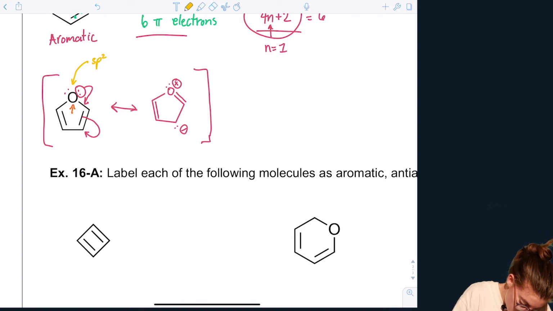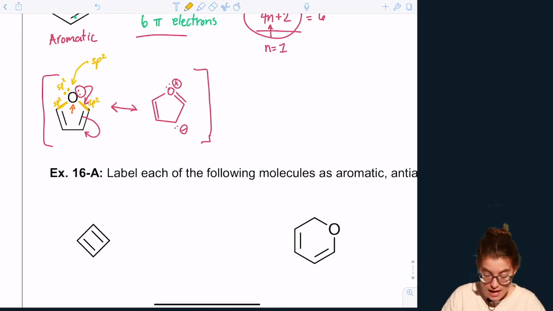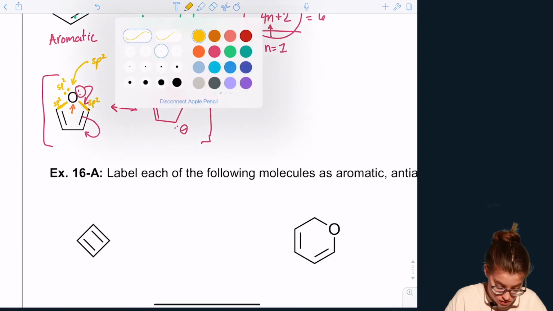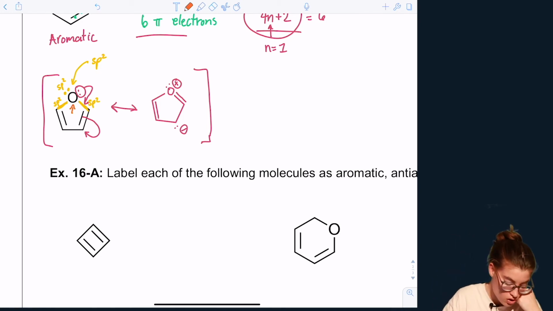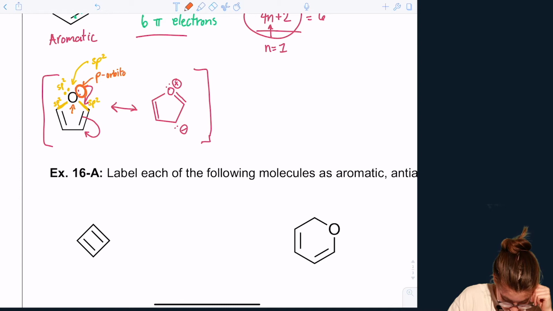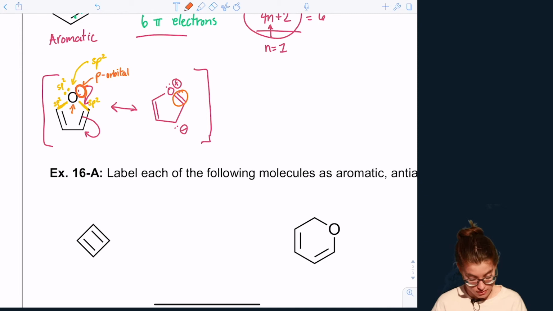Well, that means that this sigma bond will be in an sp2 orbital, this sigma bond will be in an sp2 orbital, and one of the lone pairs will be in an sp2 hybrid orbital. But that is all of the hybrid orbitals that are sp2. There's only 3 sp2 hybrid orbitals, which leaves this last lone pair to be in the p orbital. Okay? And that's actually how we would make that pi bond right there, okay?